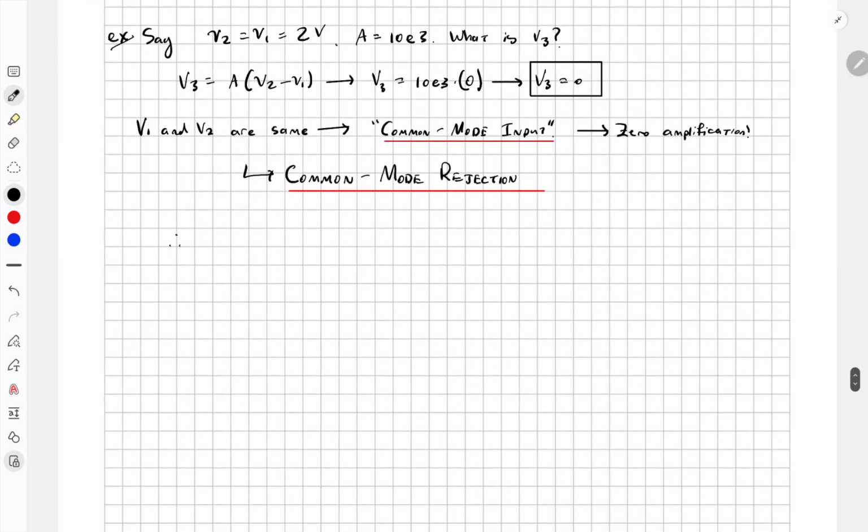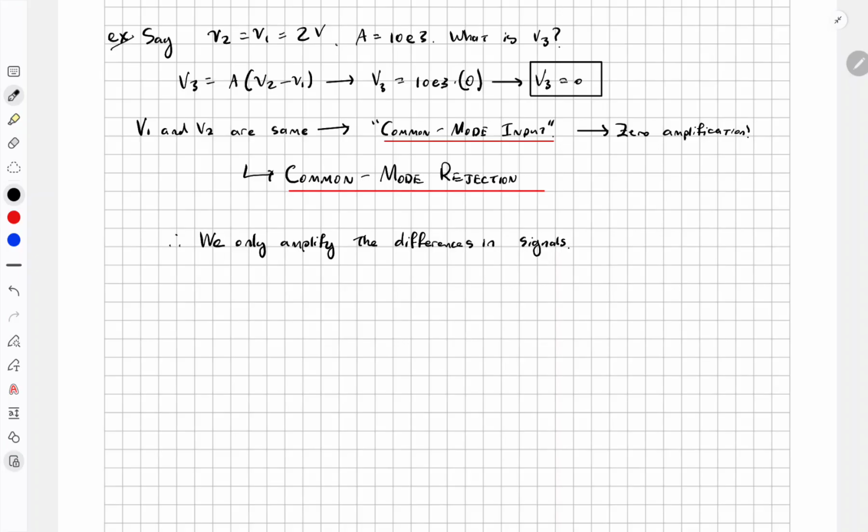And as you can see, it can be very, very big. So the conclusion that we draw is we only amplify the differences in signals.